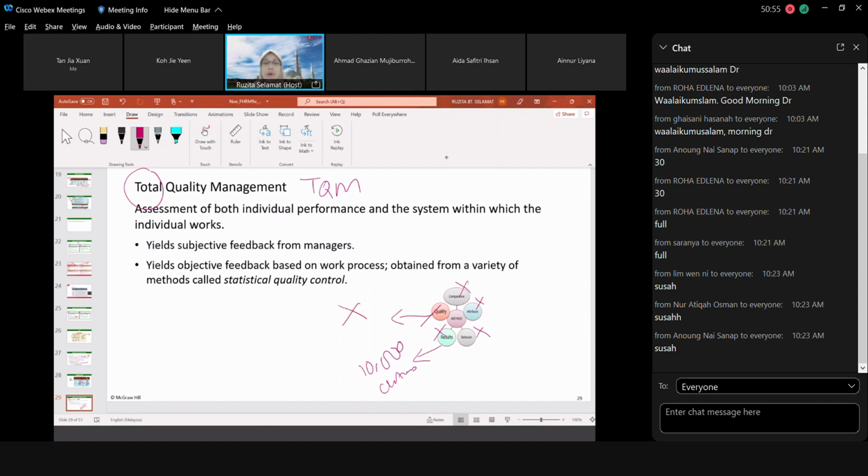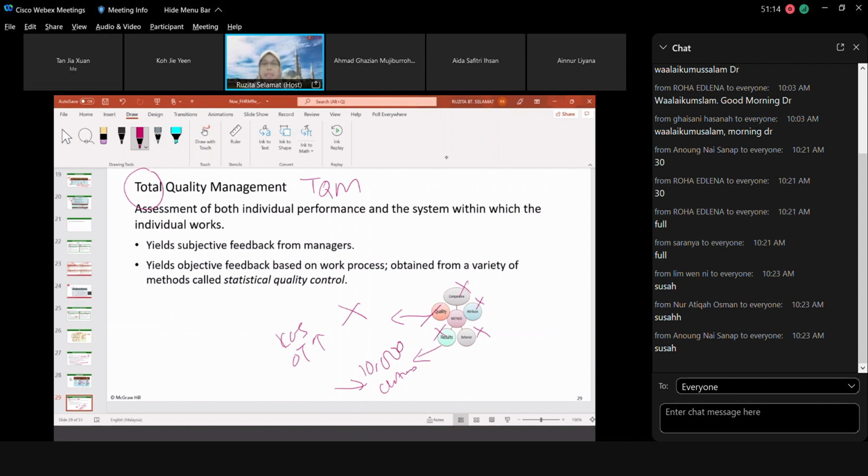Sebab apa? Cost terlalu tinggi, employees produce 10,000 clothes per month tapi cost overtime tinggi. Meaning kalau tak buat overtime, mereka takkan capai that 10,000 clothes per month. So that is not cost efficient. Meaning the quality is not yet there.